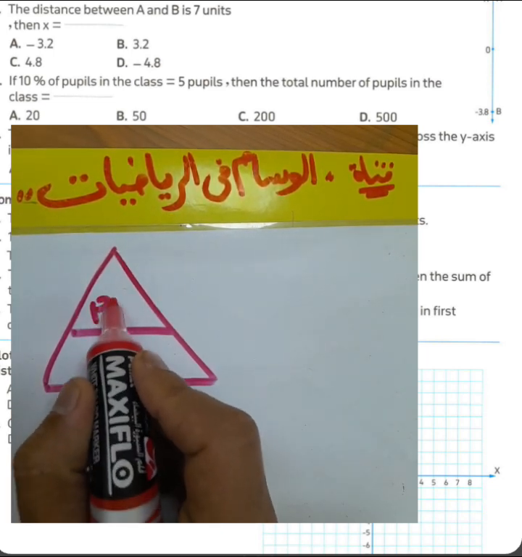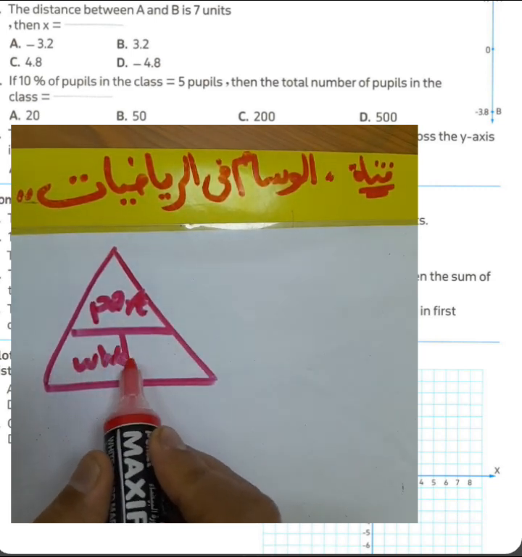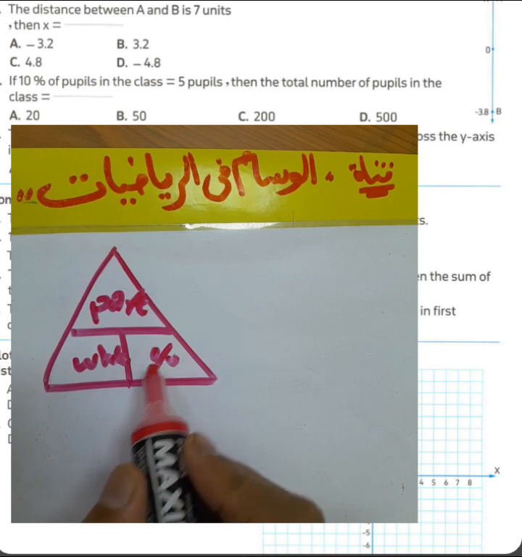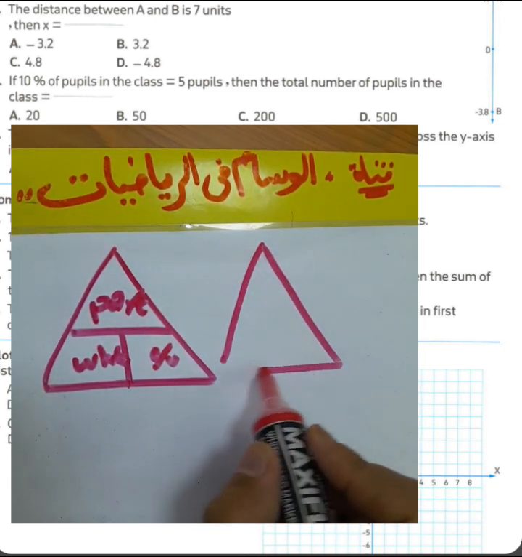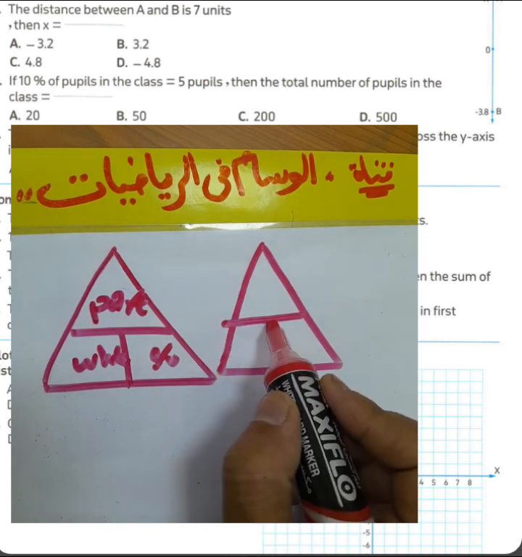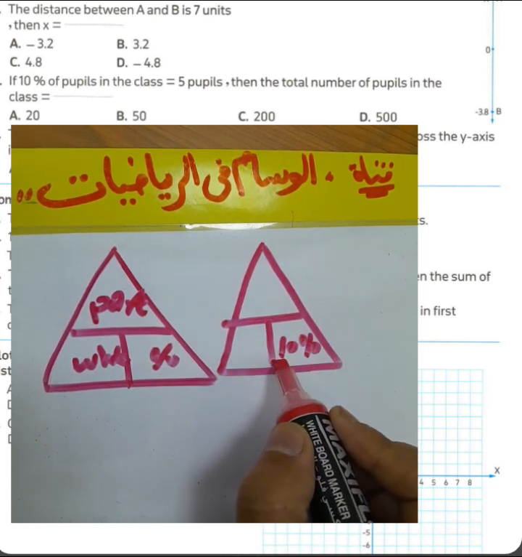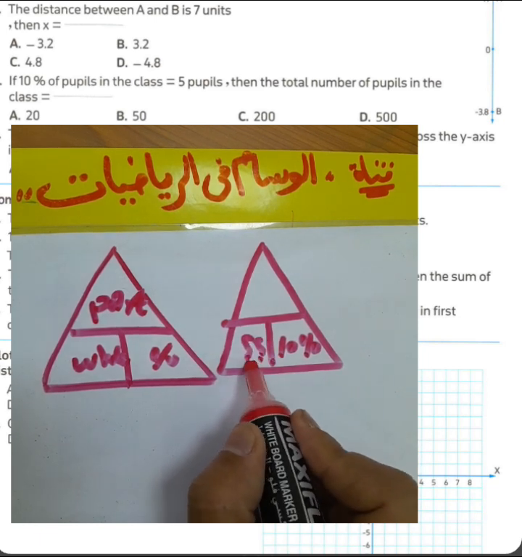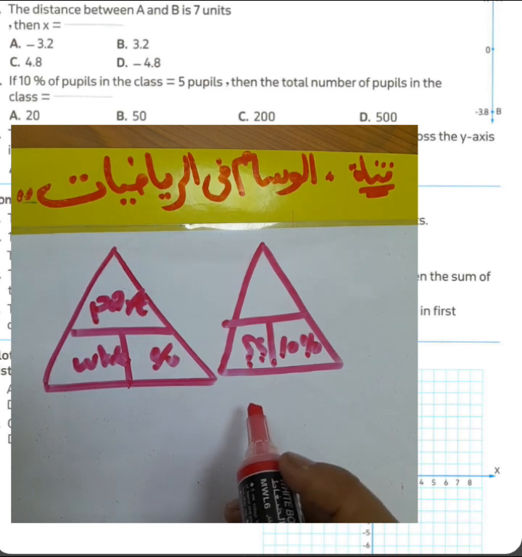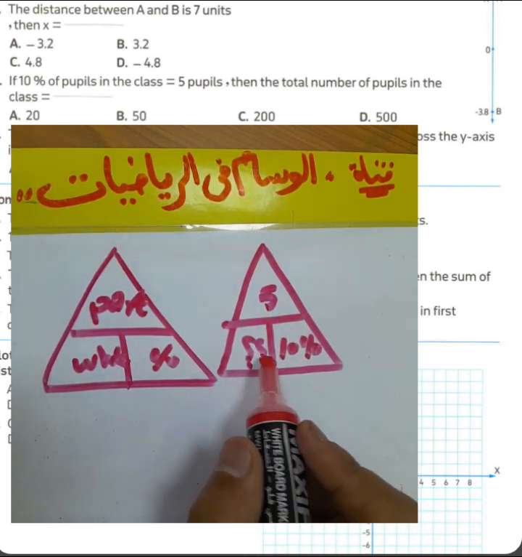Right here the part, here the whole number, and here the percent. Okay, he gives us the percent was 10%. 10% of the total number equals 5.